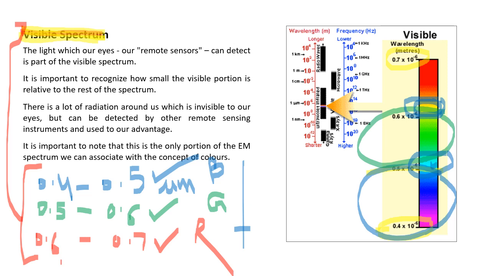There are different types of mixing, maybe 20% red, 80% green, and then we see different colors on the surface of the Earth. In your environment, whatever you are looking at, there are different colors, and all these colors are because of the interaction of energy with the target.